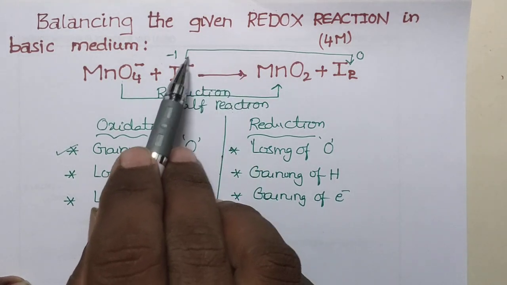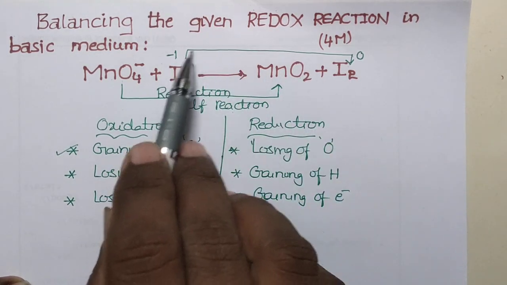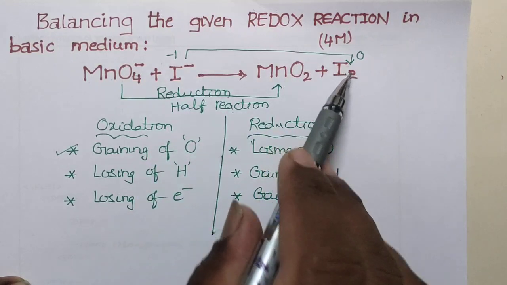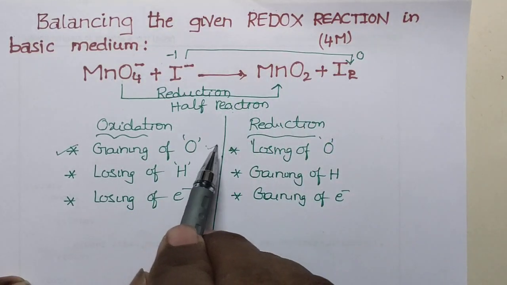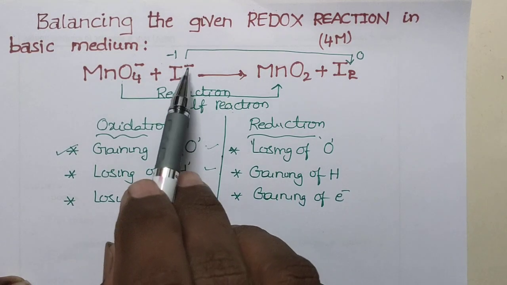The other one, I minus, changes to I2. So in this arrow mark, we don't have any oxygen atoms or hydrogen atoms, but we have a charge.